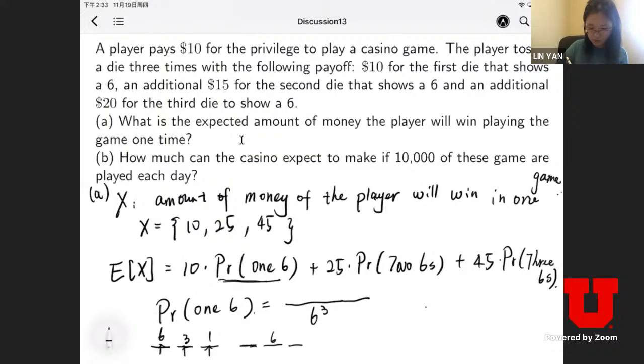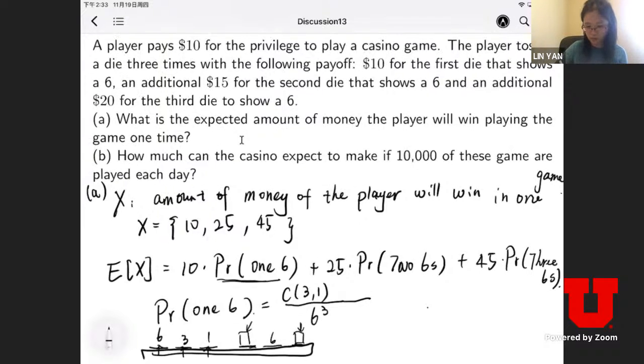So if we test one die, we should choose 1 to put the 6 on, and then for the rest of them, it has 5 choices for each one. So it is 5 times 5.